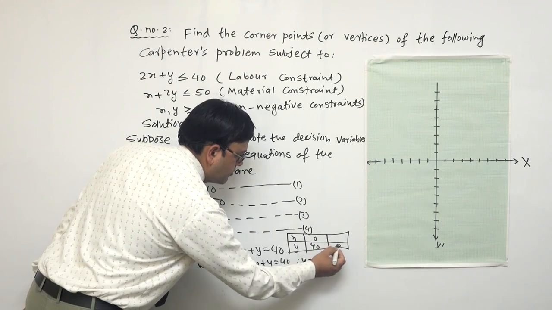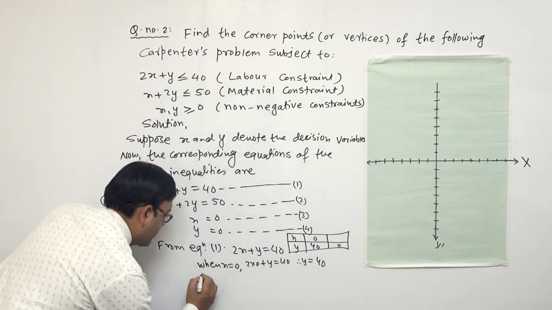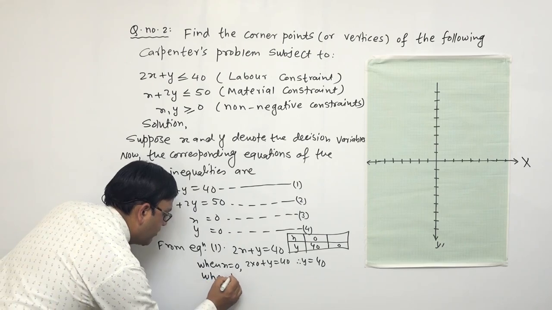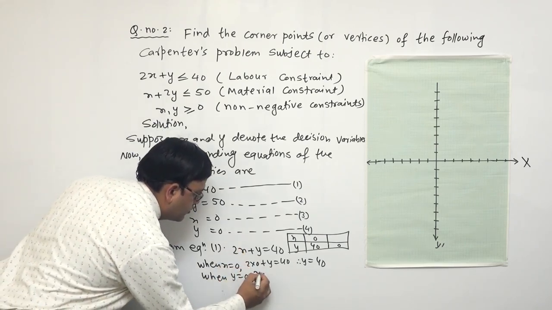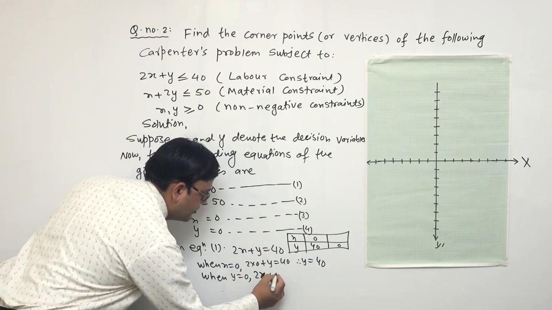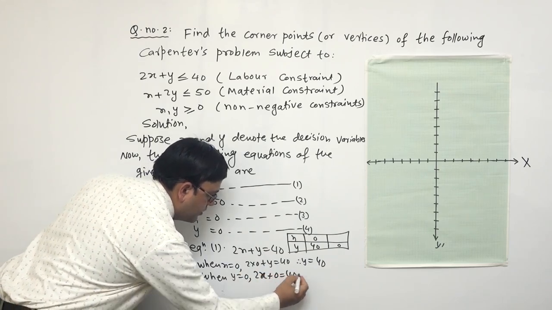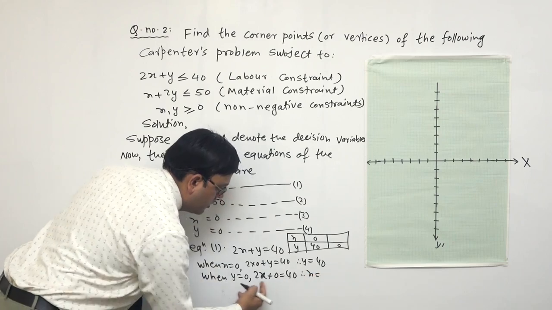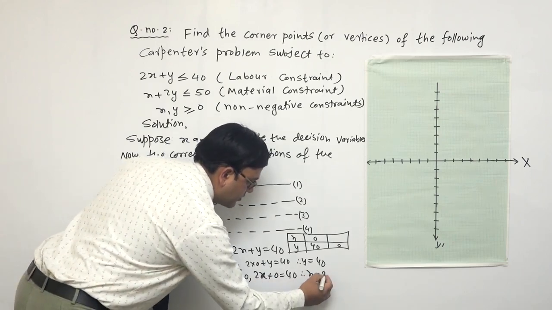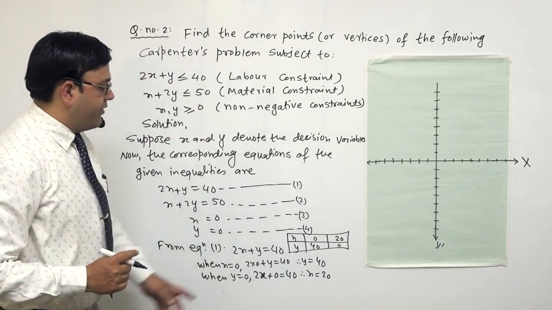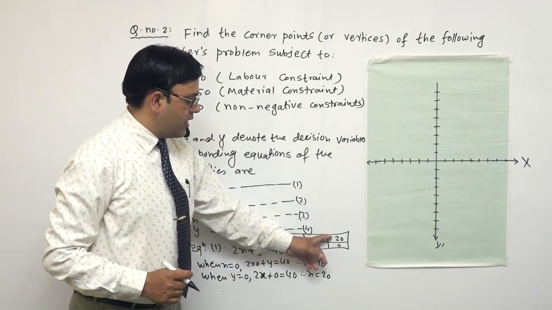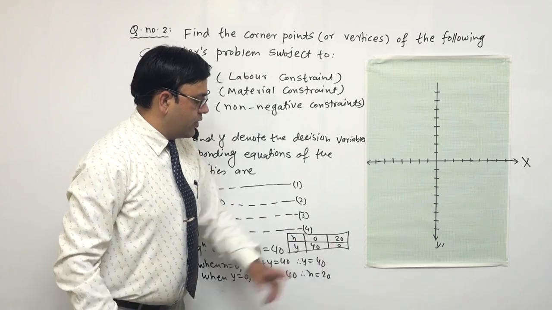So when y is equal to 0, then 2x plus 0 is equals to 40. Therefore, 2x is equal to 40 and x is equal to 20. So we write it here 20. So we have the 2 points (0, 40) and (20, 0).